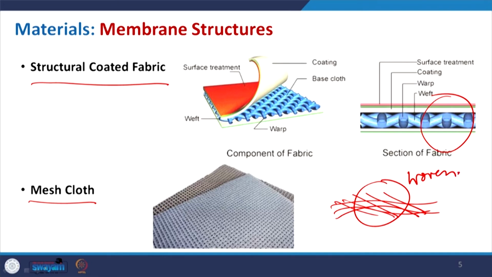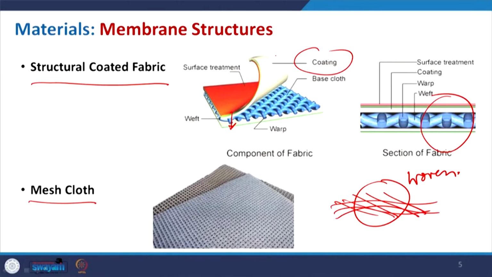So, in this case the base cloth is similar, but in order to increase the strength, the coating is provided. Different layers of coating may be provided to have better insulation and better thermal resistance, because we use this for the exterior.